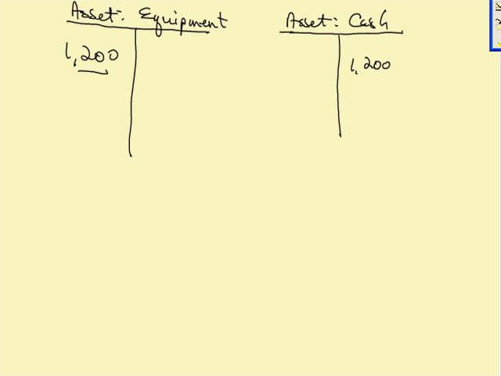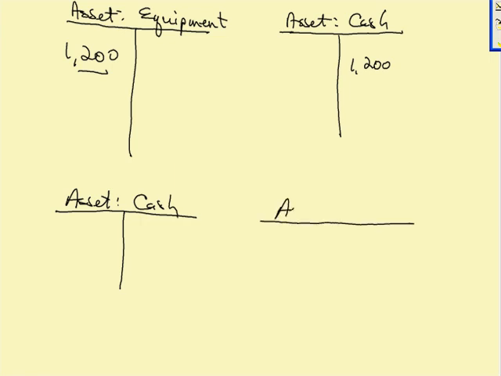Let's look at another transaction. This time we're going to buy the liquor for the first party you're going to throw. So again, our cash account's involved. And this time we have another asset account involved and it would be called liquor inventory, because we're going to keep the liquor in your basement until you throw the party.